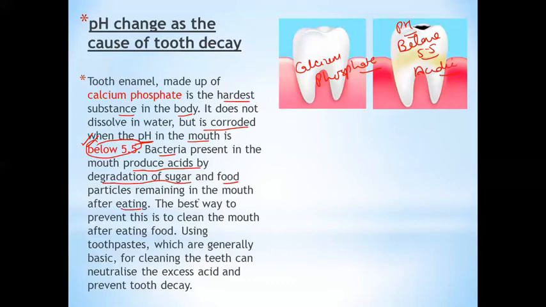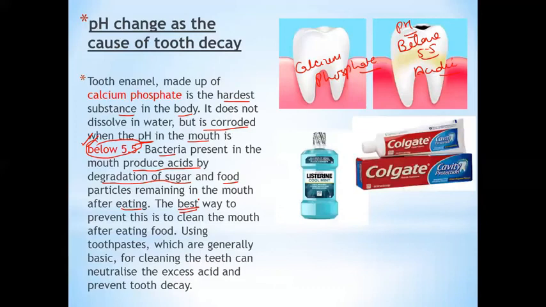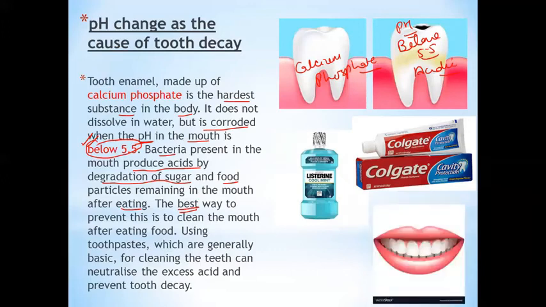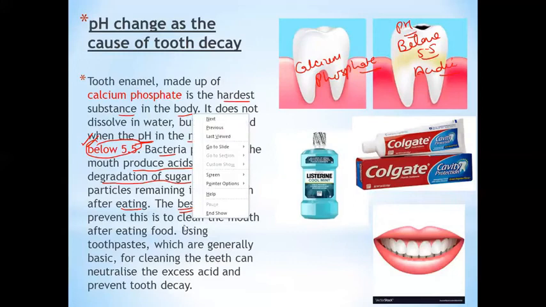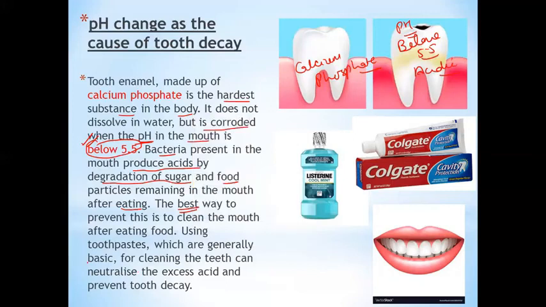The best way to prevent it is to use toothpaste or to clean the mouth after eating food. These toothpastes are basic and therefore they neutralize the effect of excess acid and prevent the tooth decay.